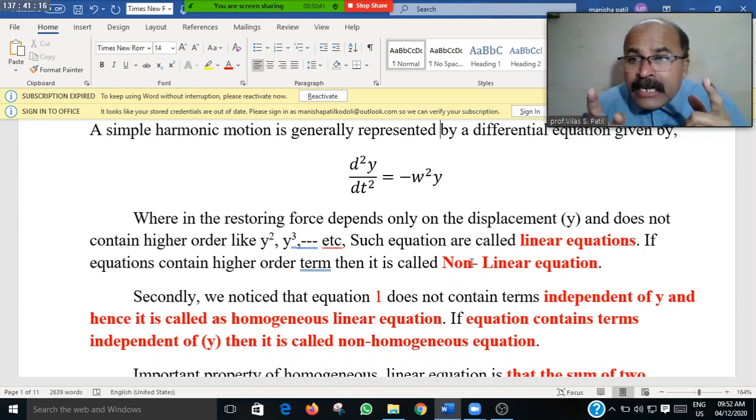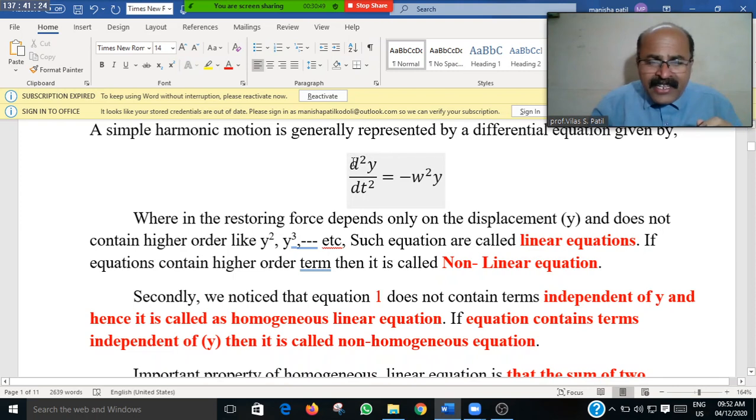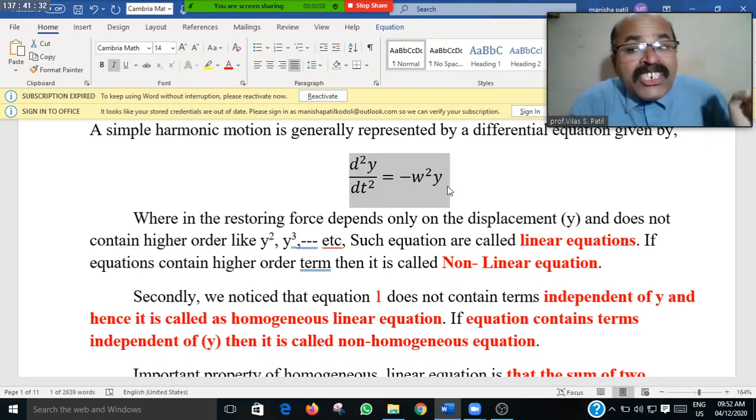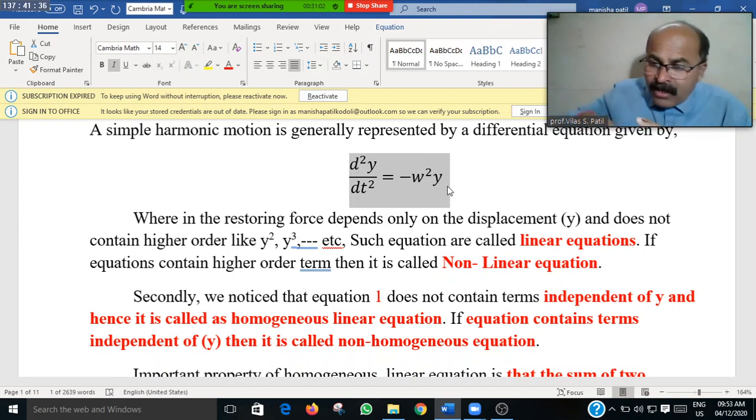known as dependent and independent. See here, this is the dependent concept. This term is dependent on both sides. d2y by dt square contains y, meaning it is dependent on the displacement. Please consider the RHS.